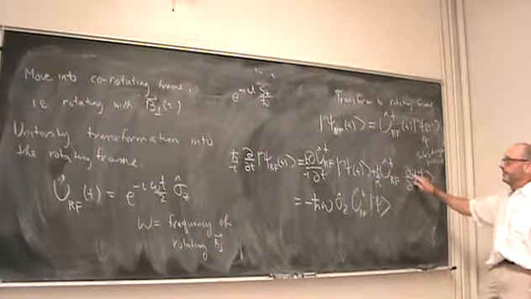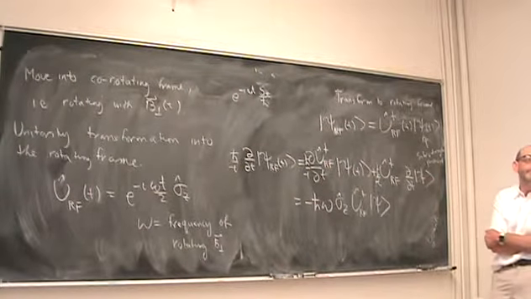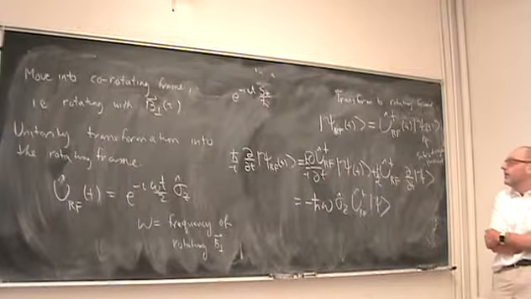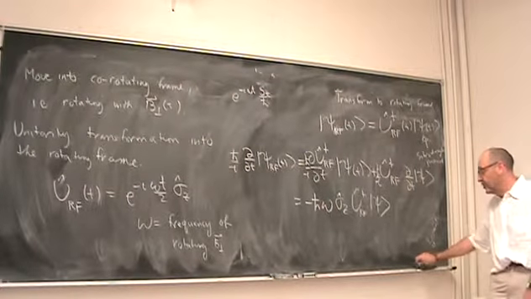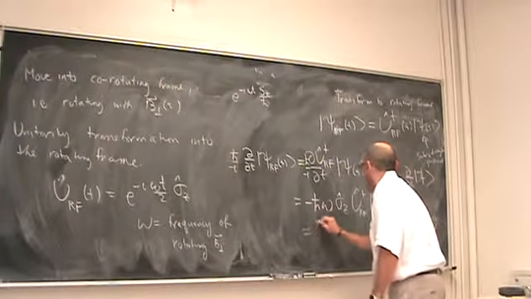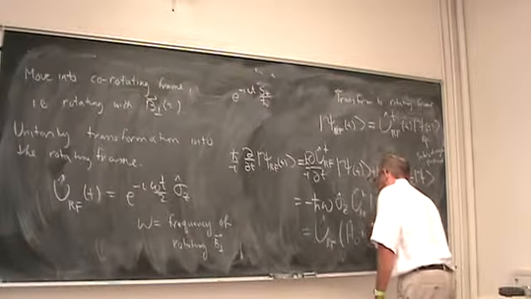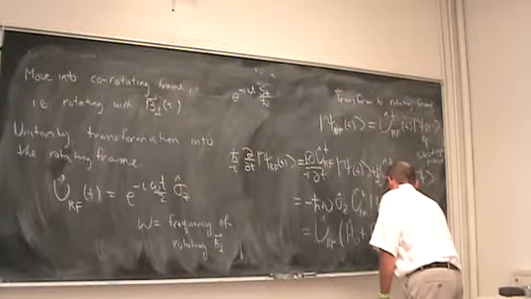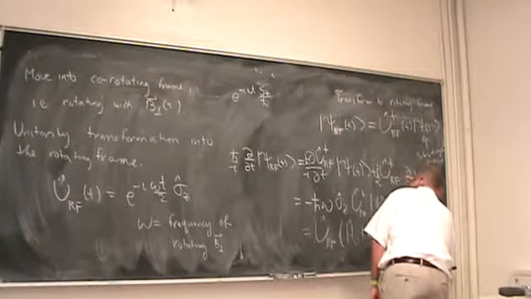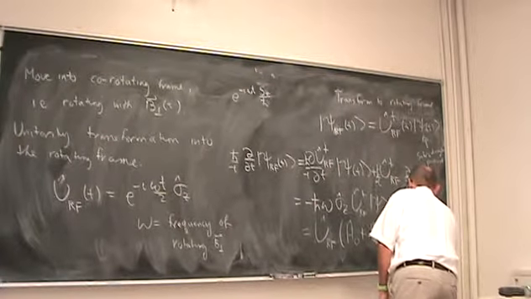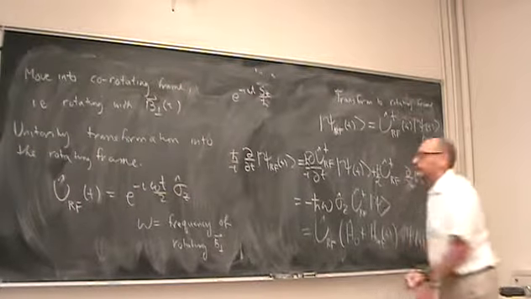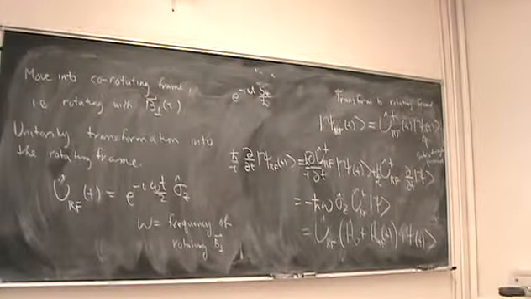And what is the derivative of psi with respect to t? Multiplied by h bar over i, that's the Schrodinger equation. That's equal to the Hamiltonian, which is h naught plus h int of t. Okay, that's the time-dependent Schrodinger equation. The derivative of the state vector is proportional to the Hamiltonian, right? Remember the time-dependent Schrodinger equation?